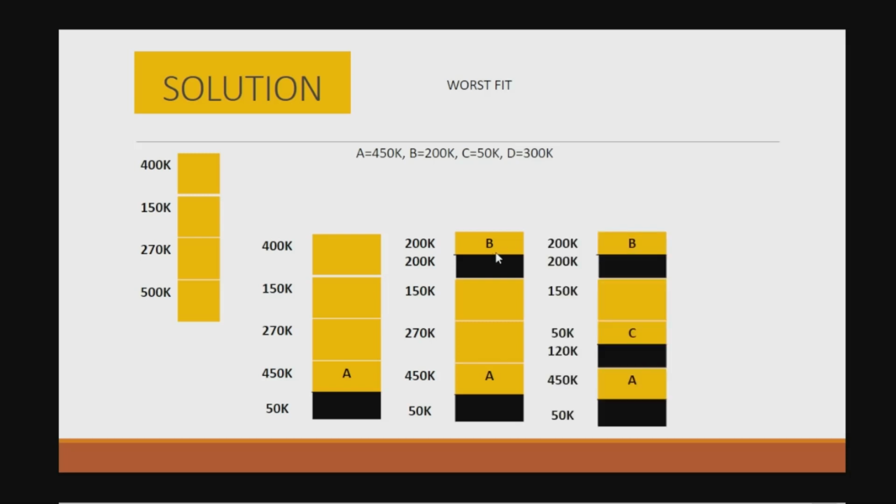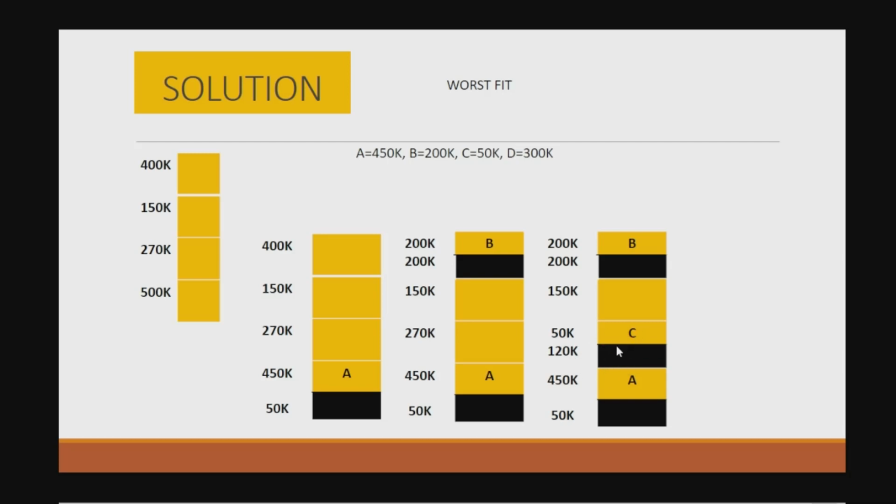Next, process C. Process C is 50, so here the balance is 100. If it goes to the other block, the balance will be 200, okay, 220.